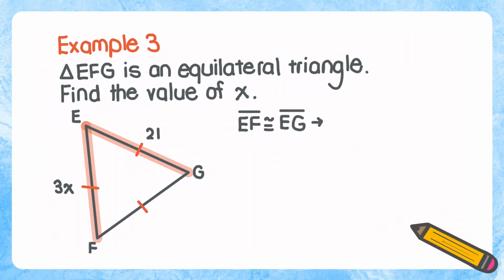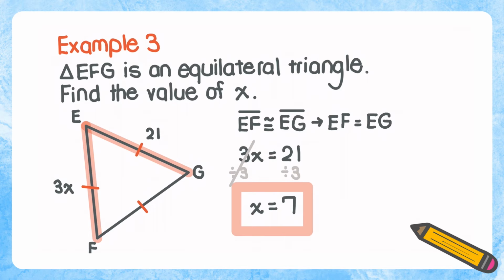This means that they have the same side lengths. We know that side EF measures 3x and side EG measures 21. To solve for x, let's divide both sides by 3. This crosses out, and we get x equals 7.